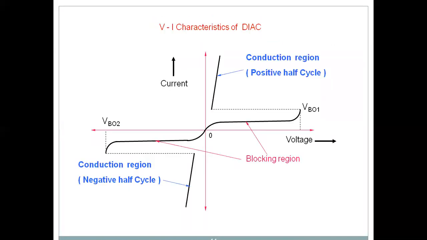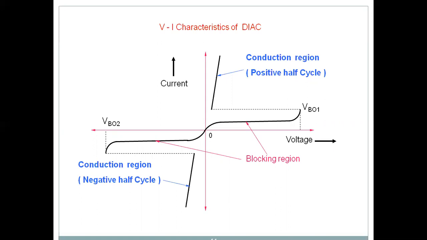Coming to the VI characteristics, during forward bias, the terminal T1 is positive with respect to T2, and if the voltage applied is less than VBO1, a small leakage current flows through the device.